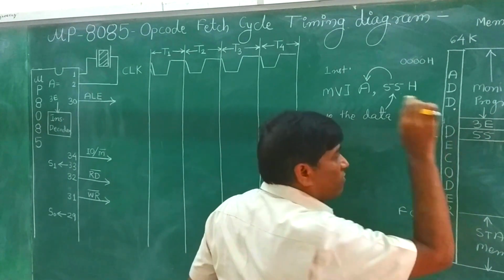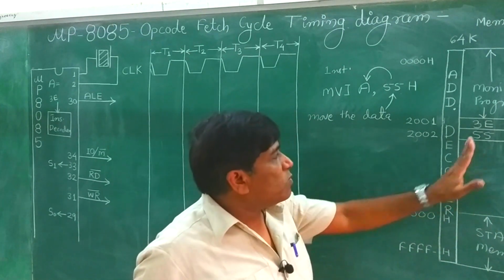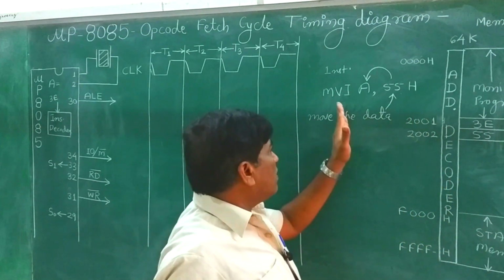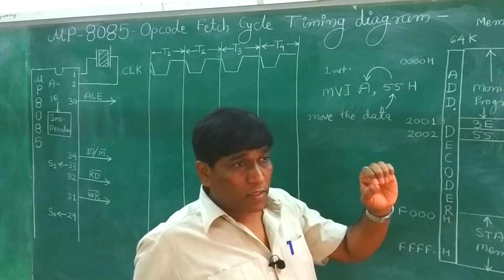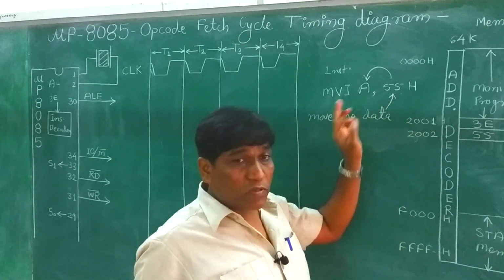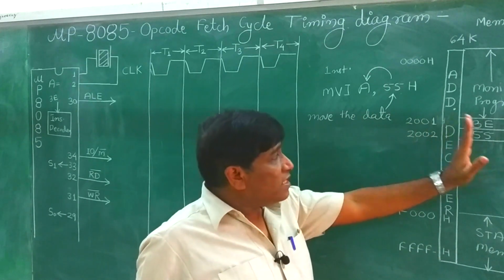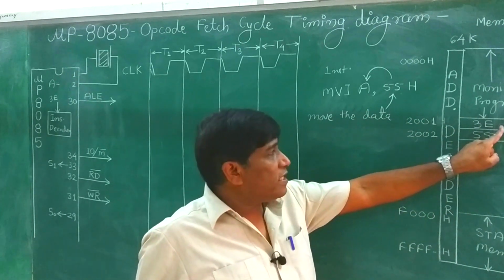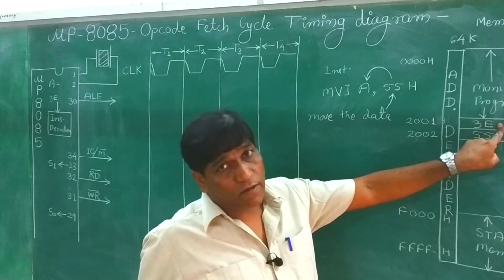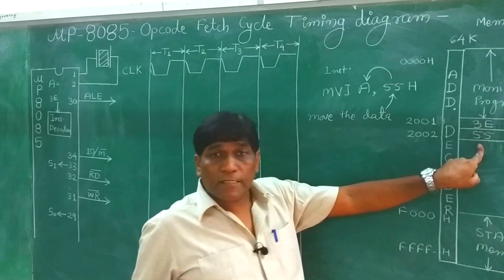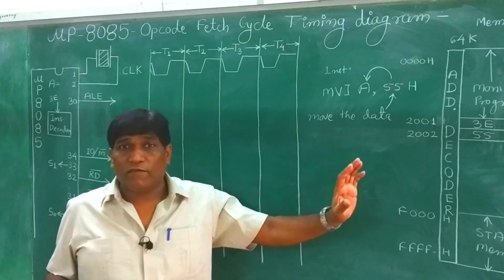we will have 55. So if we see this instruction which we have understood, move this data to the accumulator, this instruction in the microprocessor will be written as a code: 3E is the operation code for MVI A, and then we write the data 55.